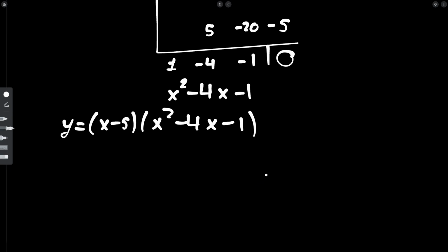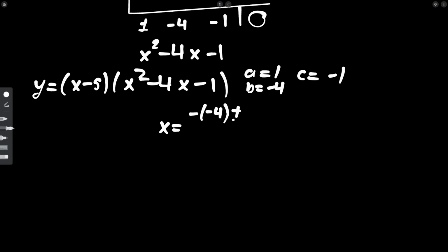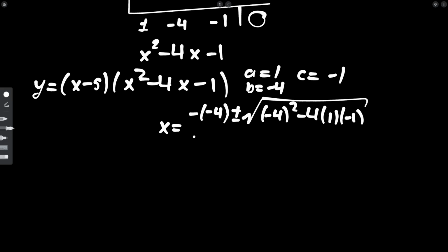Now, let's see. Is it possible at all to factor this? No, because the two values that multiply to negative 1 are positive 1 and negative 1, and you cannot use any combination of numbers to get 4. So we have to use the quadratic formula. x is equal to, a equals 1, b equals negative 4, c equals negative 1. x is equal to negative b plus or minus the square root of b squared minus 4 times a times c, all over 2 times a.